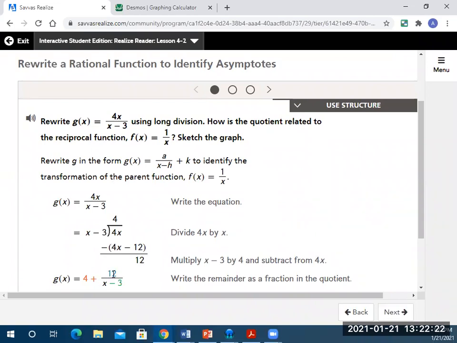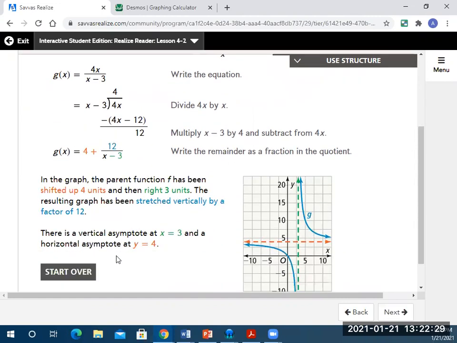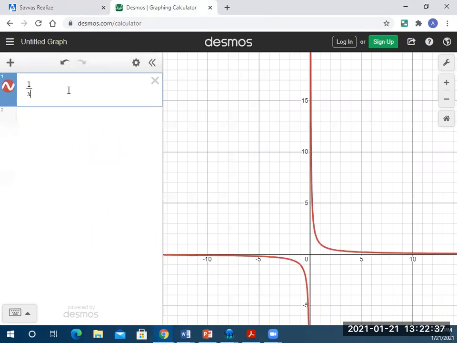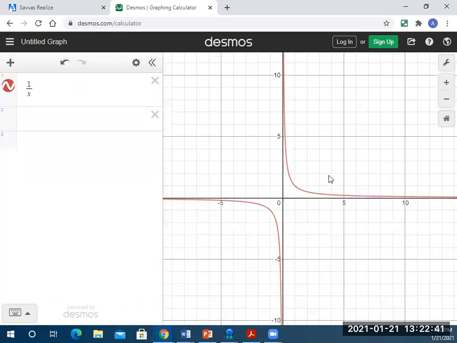So this number right here represents a vertical stretch from our parent function. So I have this graphing calculator pulled up because I want to show you guys that vertical stretch. So here's the parent function, right? 1 over x. I'm going to zoom in a little bit.